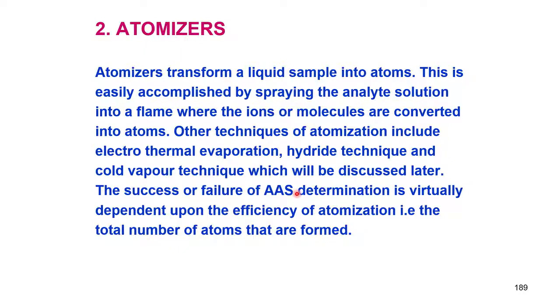Okay. So, now we move on to atomizers. So, what is an atomizer? The requirement is the production of free atoms in the optical path of the radiation coming from the hollow cathode lamp. I need to put a mass of free atoms of the element which I want to analyze.